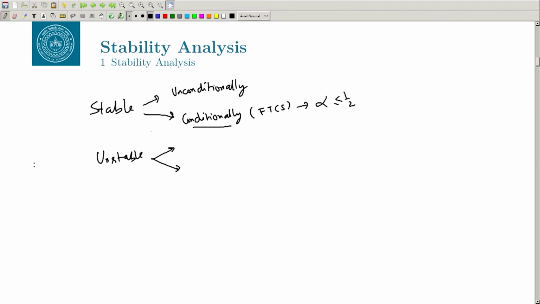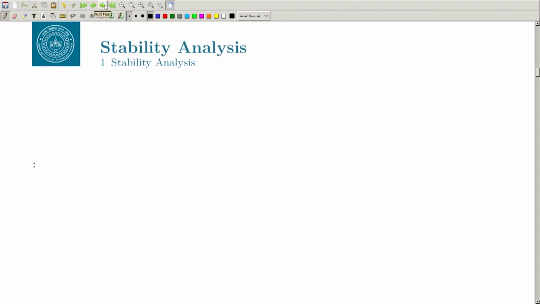So, let us look at some more schemes and analyze them for the stability properties. We will stick to the diffusion equation as of now. So, this is del u by del t equal to nu del 2 u by del x square, and you are using u equal to g to the power n e to the power I phi.